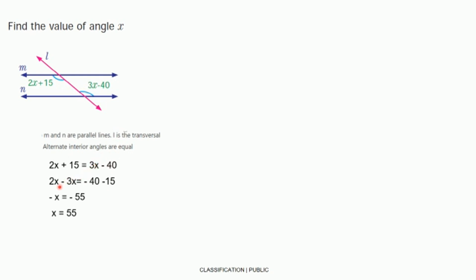So 2x minus 3x, and plus 15 goes to the right hand side as minus 15. So minus 40 minus 15 is minus 55. 2x minus 3x equal to minus x equal to minus 55. Both side minus cancel, so x equal to 55.